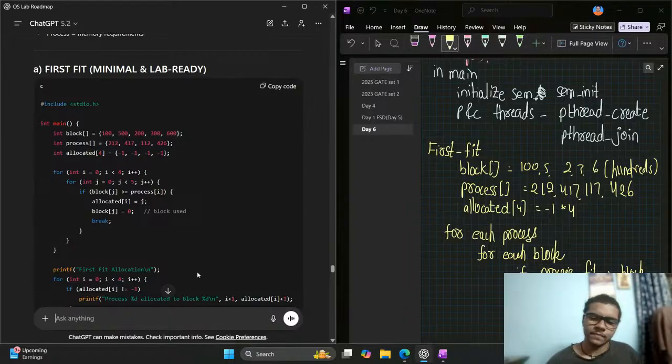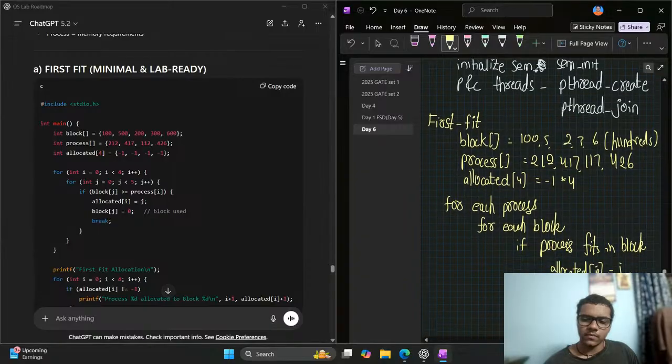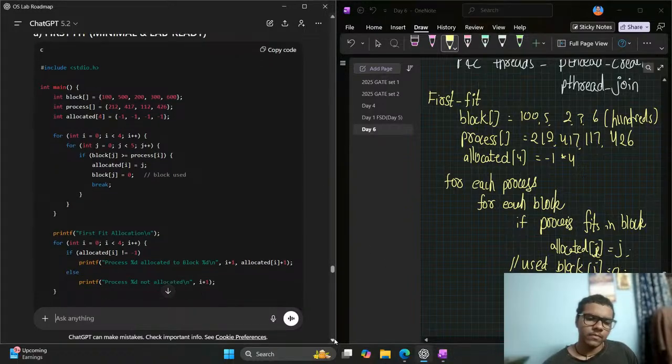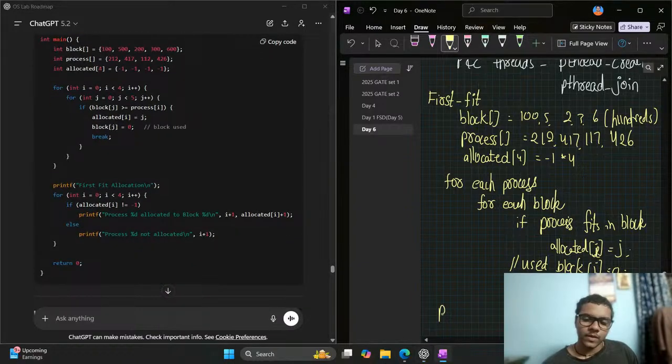Block of j is equal to 0, the block is used, and break it, we don't need it further. Print.